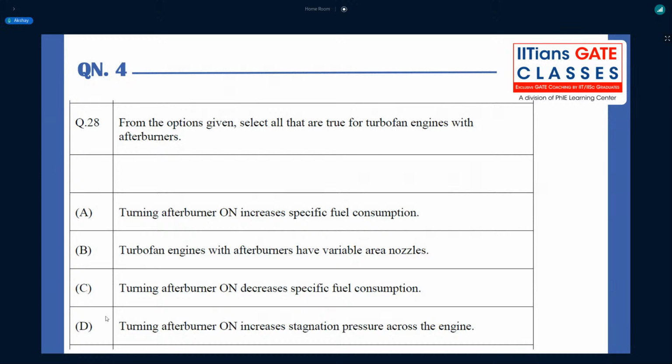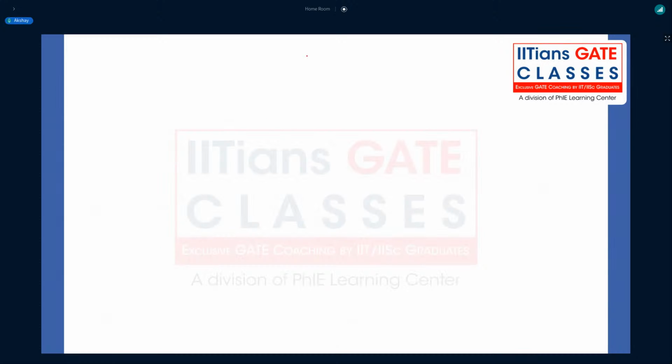Okay, so from the given statement, it was not sure whether it is equipped with a variable nozzle or not, but usually whenever we operate an engine with an afterburner, it's a constant area duct. At the end, we will be having a nozzle attached to it, right? So what we are doing, we are adding the fuel, right?